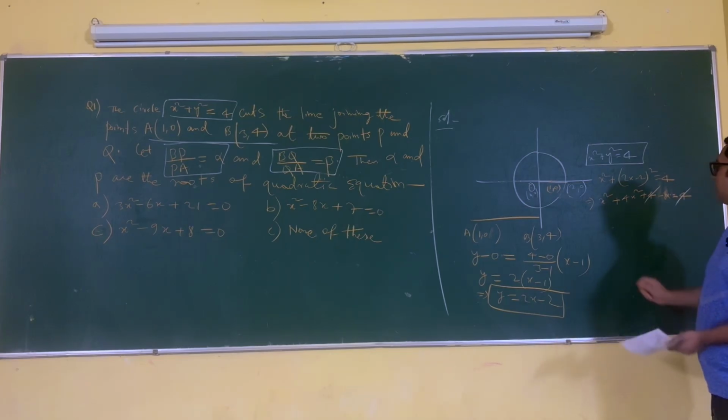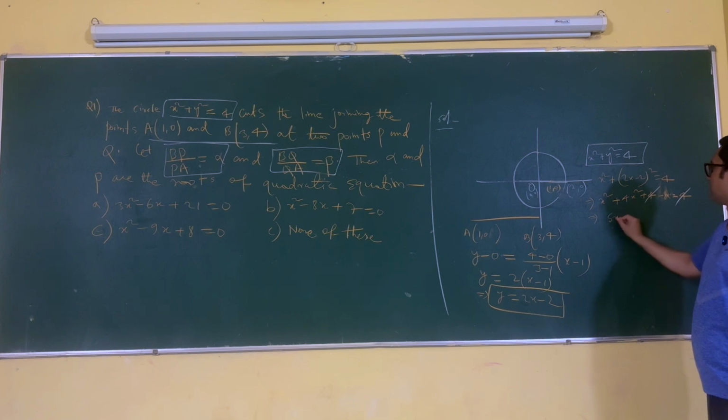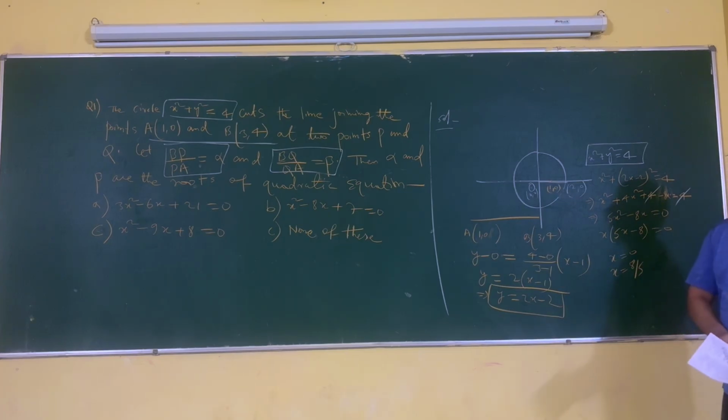So we are left with 5x square minus 8x is equal to 0. So x is taken common, x into 5x minus 8 is equal to 0. So x is equal to 0, x is equal to 8 upon 5.